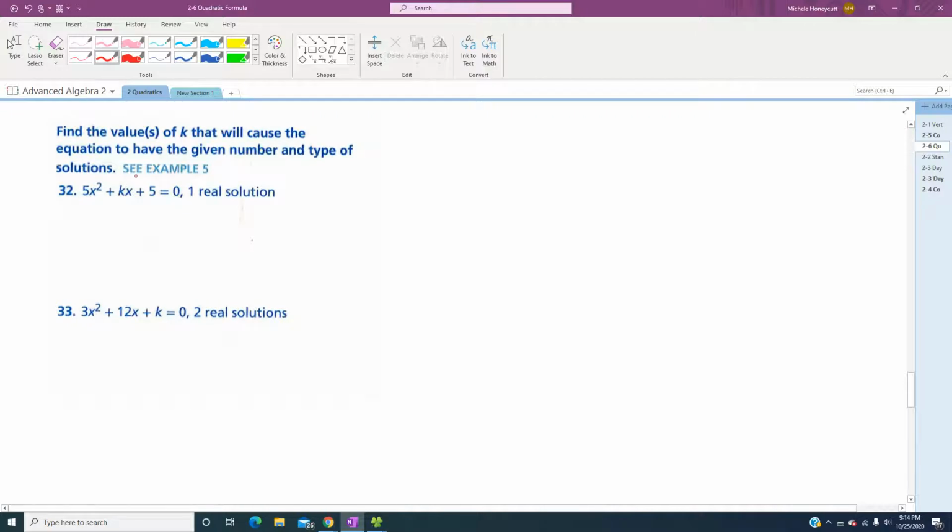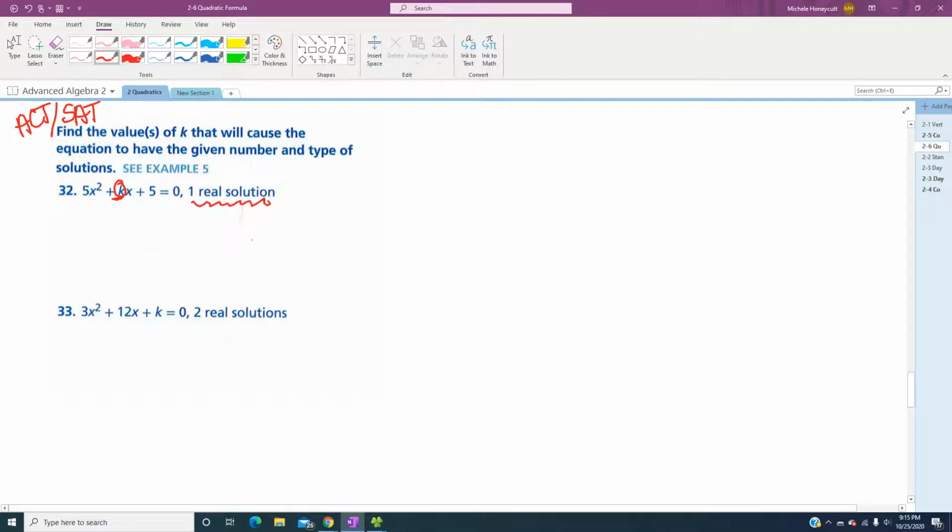The ACT and SAT standardized tests love these types of questions, where they put a variable in for one of the A, B, or C values, and they'll say, what would K have to be in order for it to do something? So in this case, we have a quadratic function, and we want to know what K has to be in order to get one real solution.